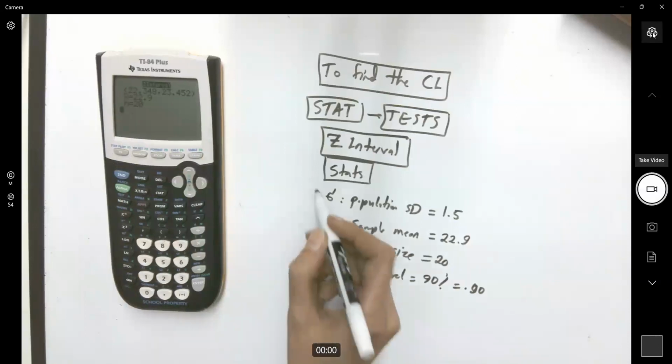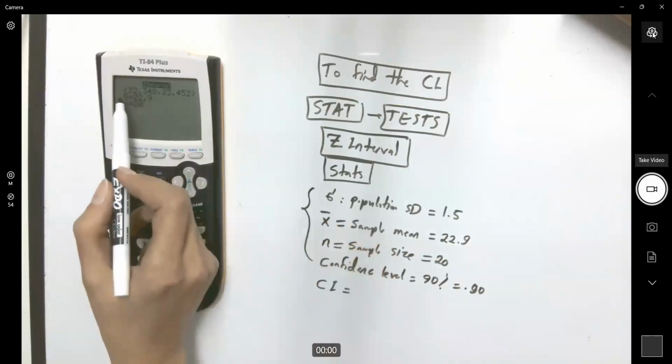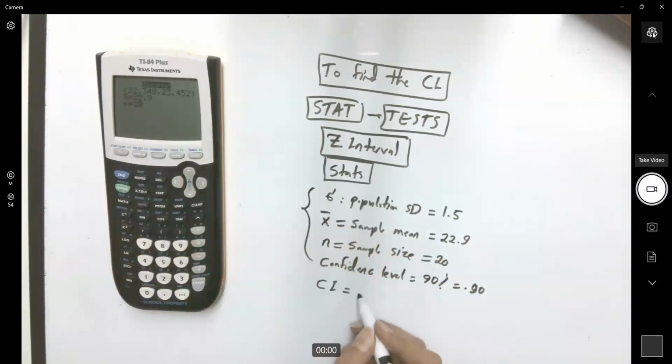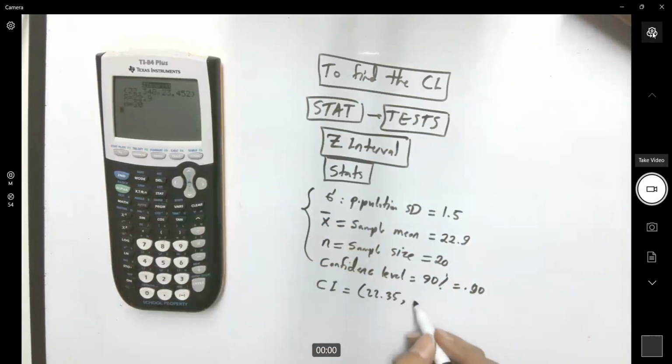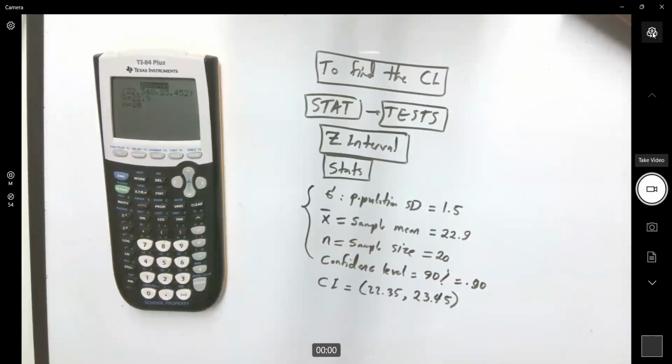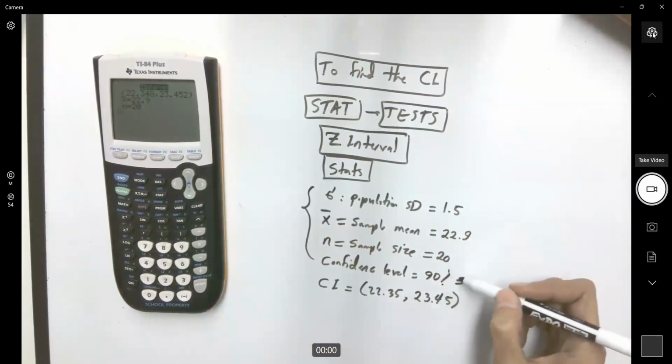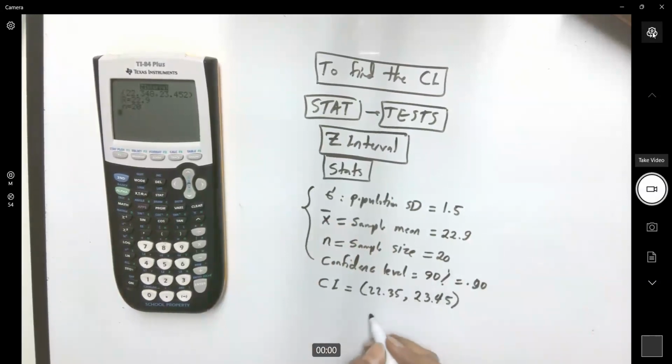The confidence interval is 22.35, comma, 23.45. Very good. So we are 90% confident that the mean age, mu, the mean age of the population, is within 22.35 years to 23.45 years.